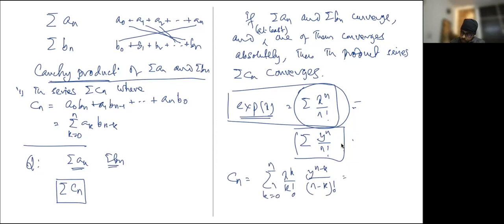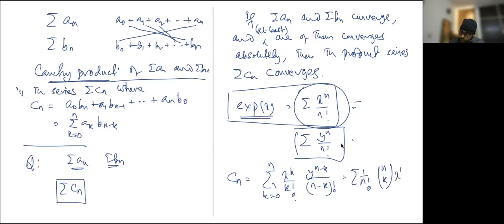And what is this sum? What you can do is multiply and divide by factorial n. Once you do that, you have factorial n in the numerator, and these two together give you n choose k.